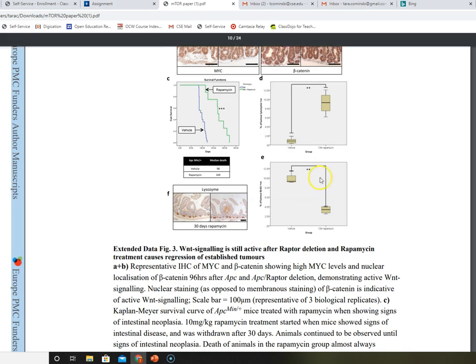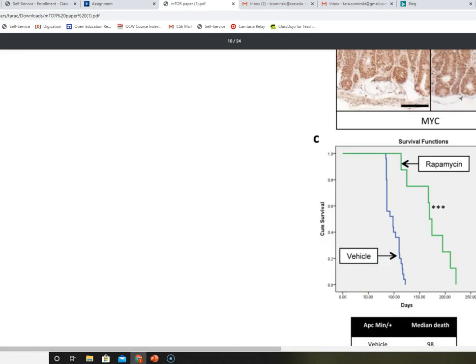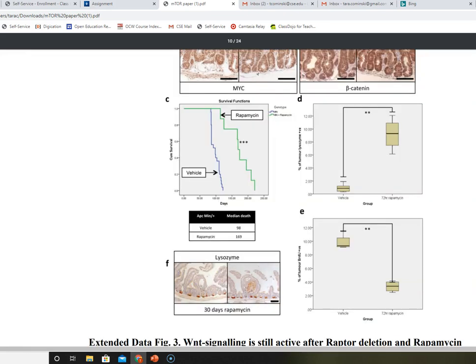And so anyway, if I zoom in on this one panel here, it says percent of tumor BrdU positive cells. So BrdU is a proliferation marker. Basically when you give rapamycin, you can see that there's a decrease in the number of proliferating cells here.